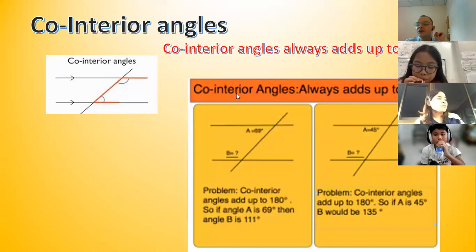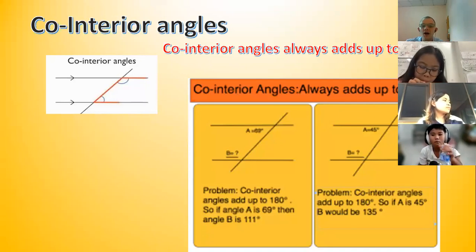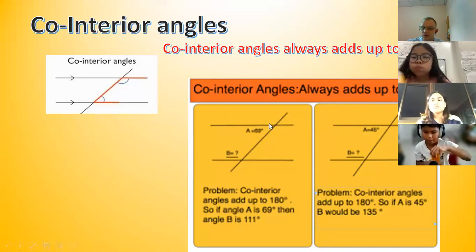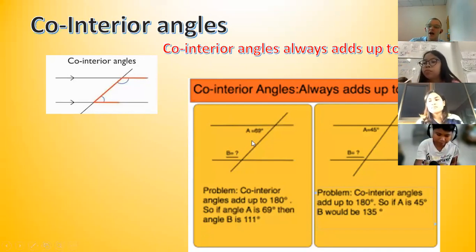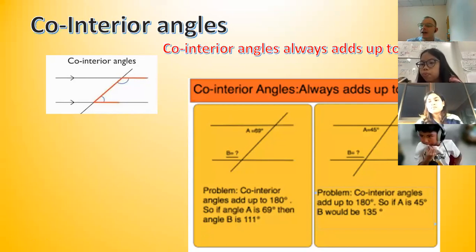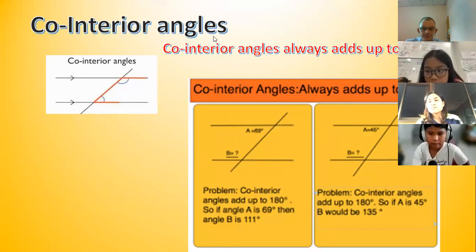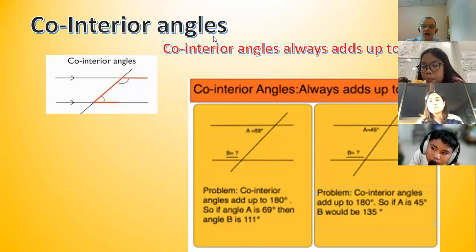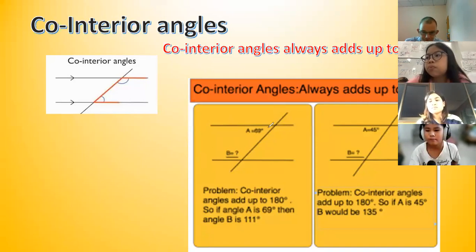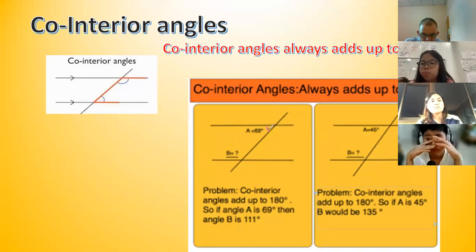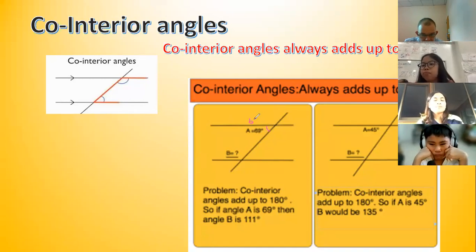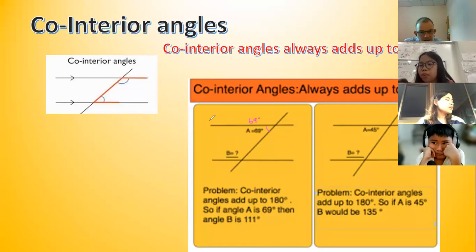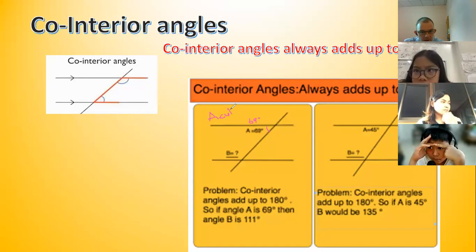So for these co-interior angles, we also have different angles. We have acute angles. We have obtuse angles. Here we do not have any right angle. I'll give you the first example, but after that I want you guys to give me the answer. Number A here, they say is 69 degrees. This angle is an acute angle.